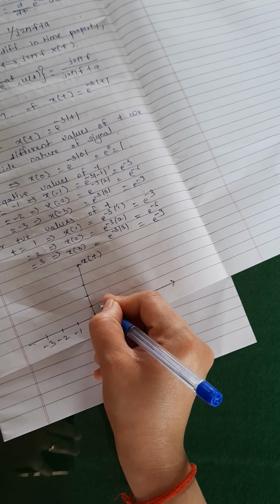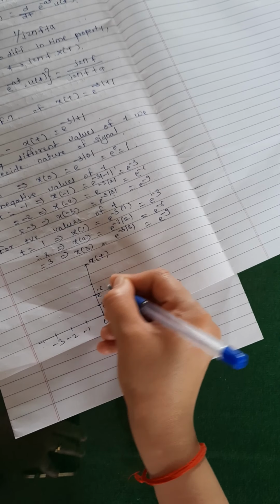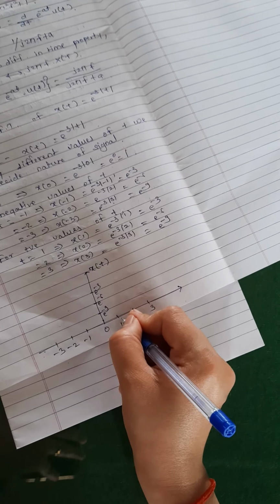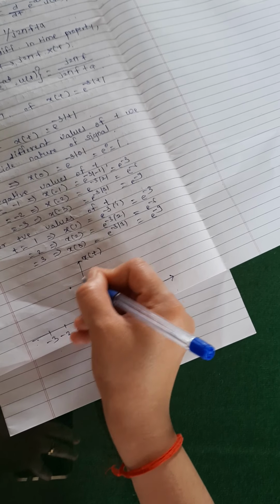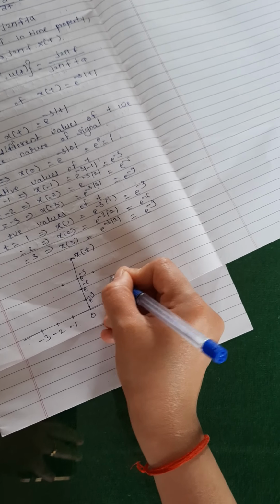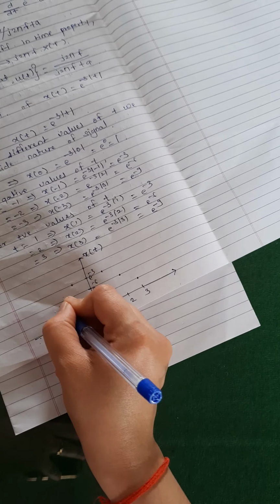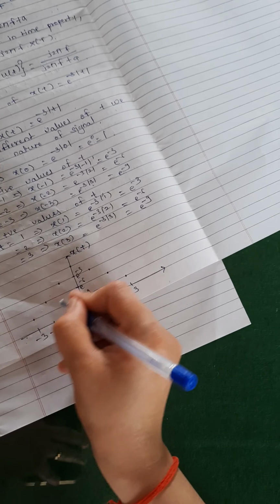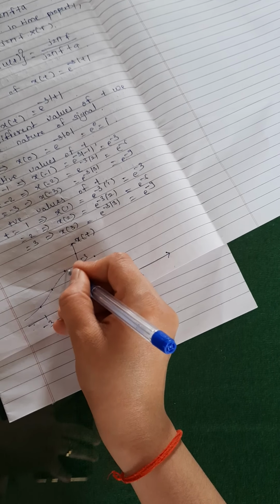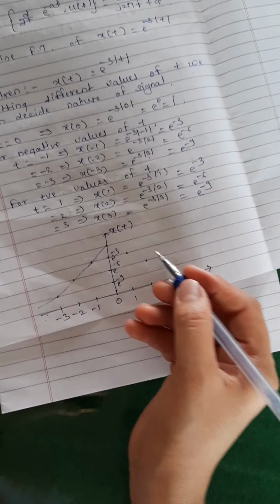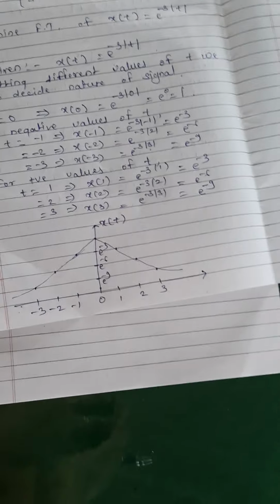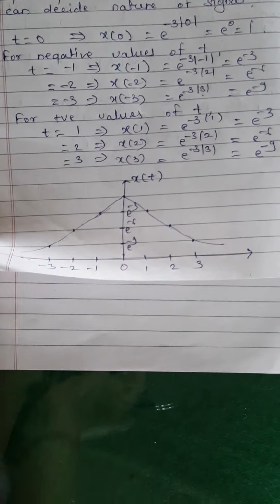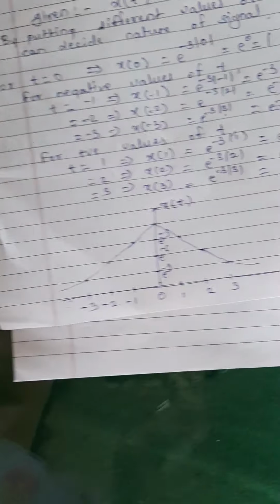This is e raised to minus 9, e raised to minus 6 and e raised to minus 3. So this is the nature of the signal. Now it is a double-sided exponential signal. These signals are exponential signals, but it is a double-sided signal.